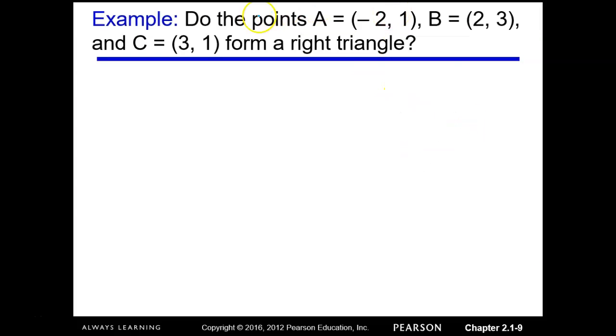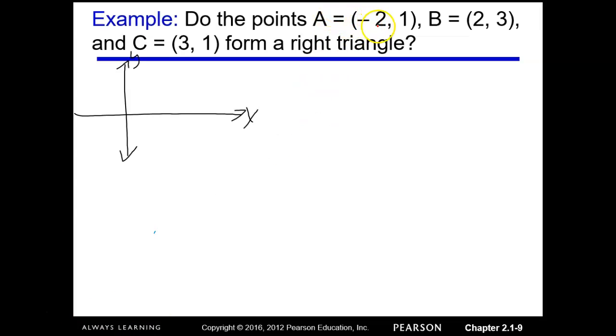Do these points form a right triangle? Well, how can we tell? We have to find a triangle. Let's locate these points. First, if we draw the coordinates, this is y, this is x, where would they fall in?